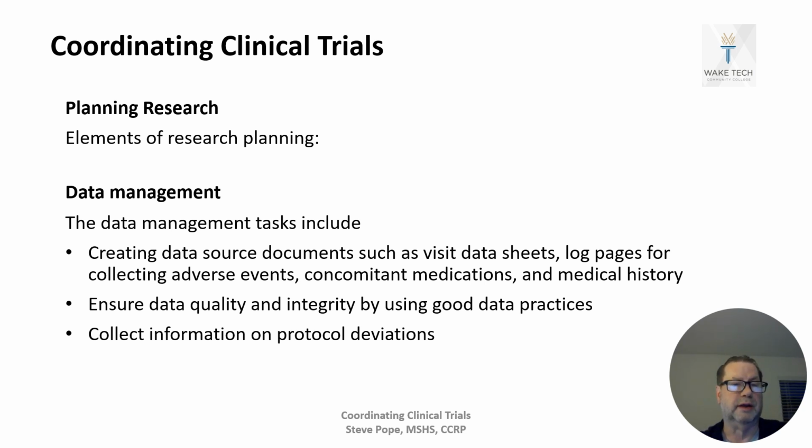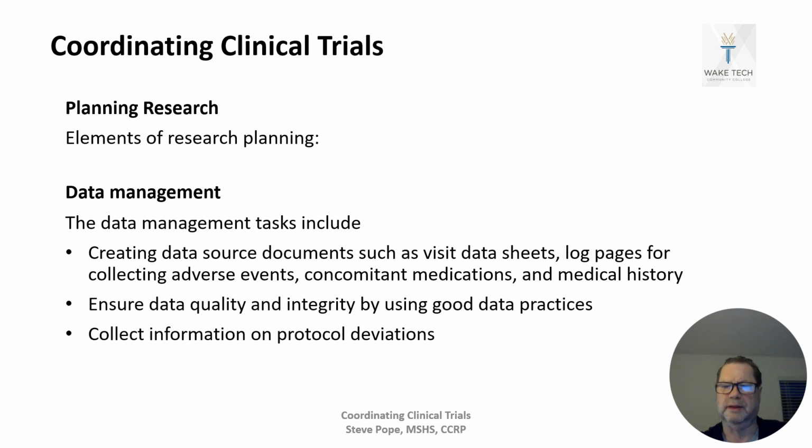You're also going to collect information on protocol deviations. It's important when you're collecting the deviation data that you collect as much data as possible when that occurs. For instance, you want to collect the subject ID for the subject that the deviation occurred on. Most of your deviations will be associated with a specific study subject.